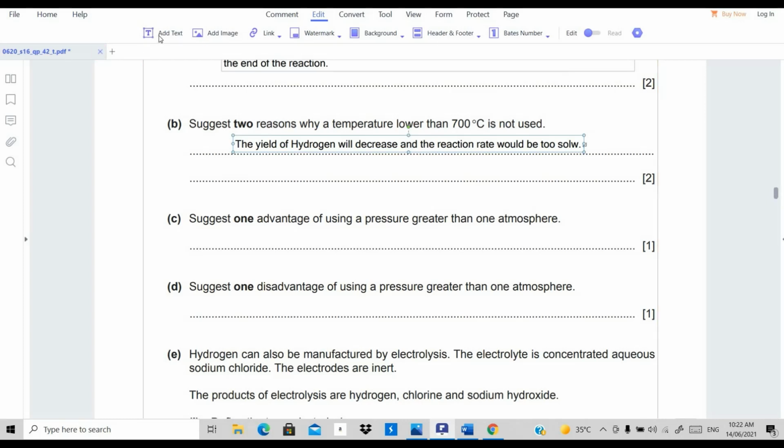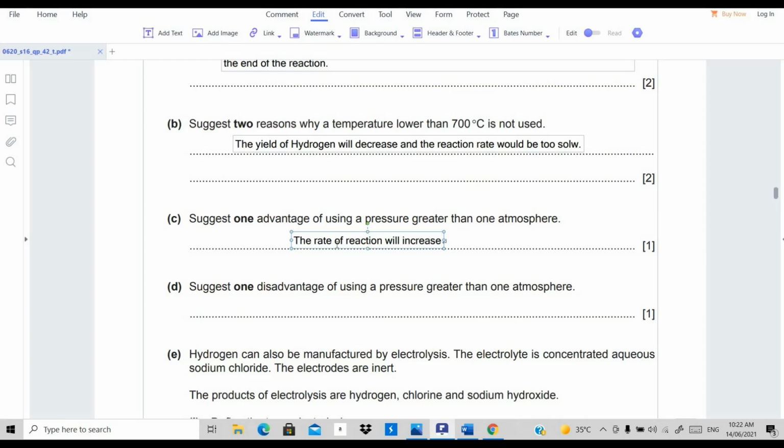This is the answer you need to give here. The rate of reaction will increase. It's simple. If you're familiar with the topic chemical reactions, you need to know what will happen if you are increasing the pressure, the temperature, or the concentration. These are the factors you need to be familiar with.